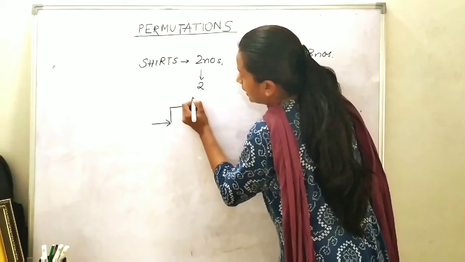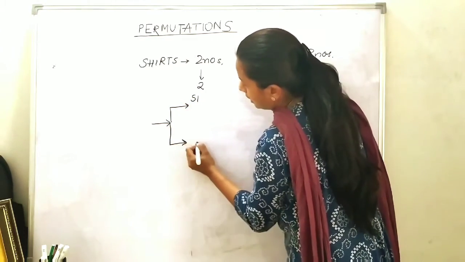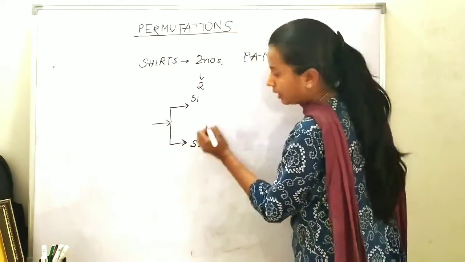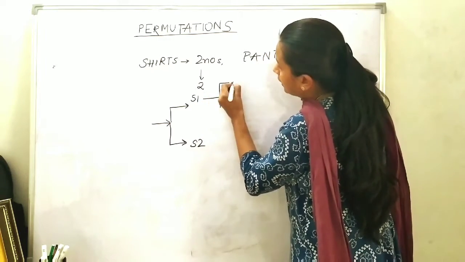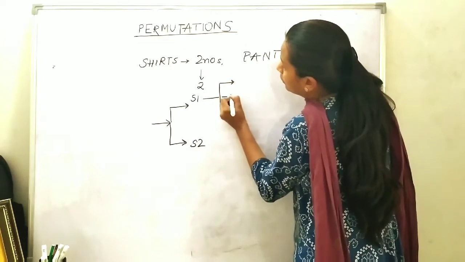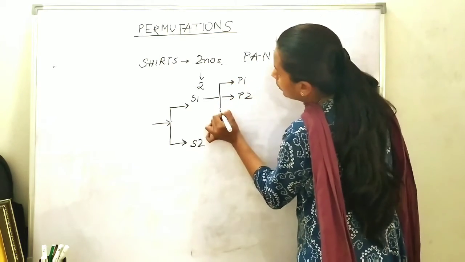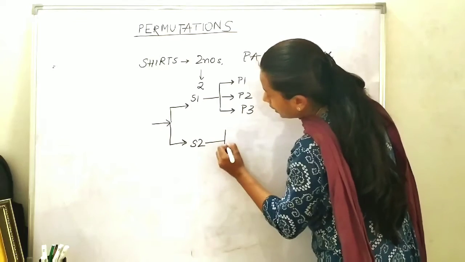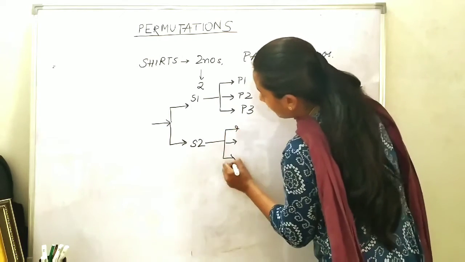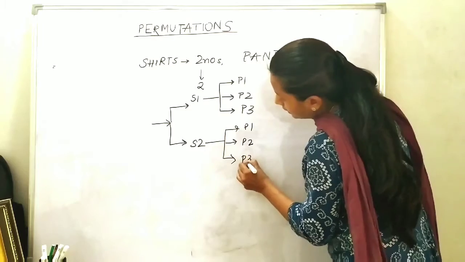The number of combinations of shirt and pant can be taken as follows. The number of ways in which a shirt can be selected is S1, S2, and now S1 can be worn with P1, P2 and P3, and S2 also can be worn with P1, P2 and P3.